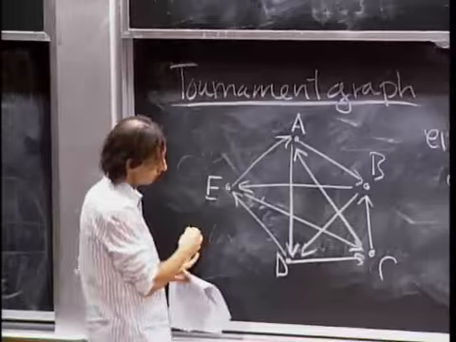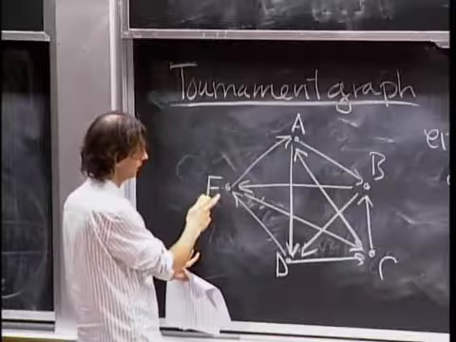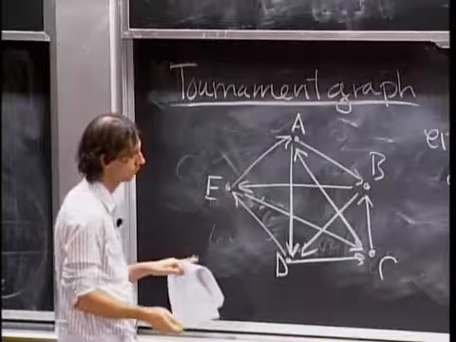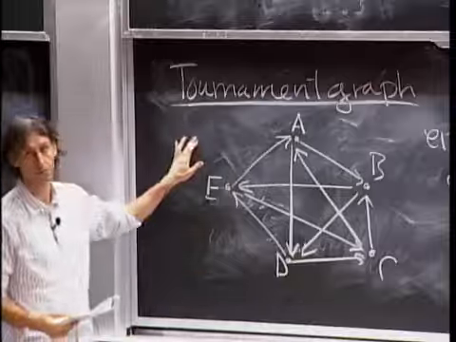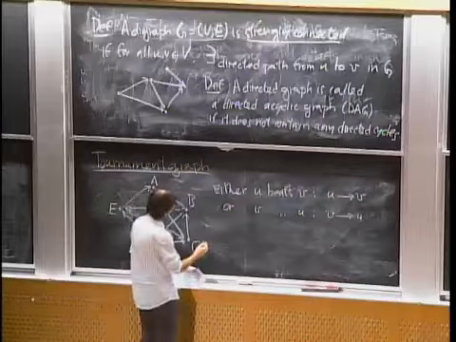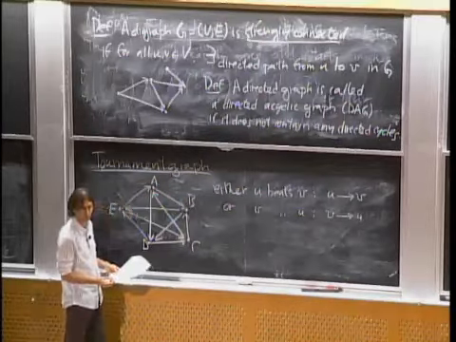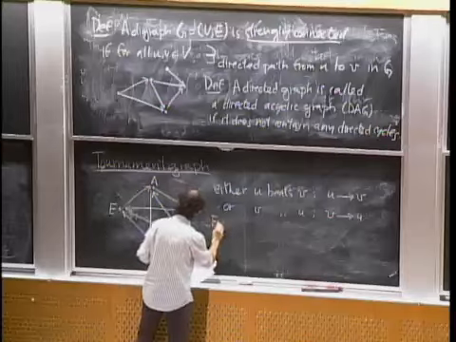So, for example, we have that B is beating E, and E is beating A, and so on. Maybe we can figure out who's the best player in here. So this is sort of the general question that we would like to answer. Maybe we cannot answer this. So let's have an example.